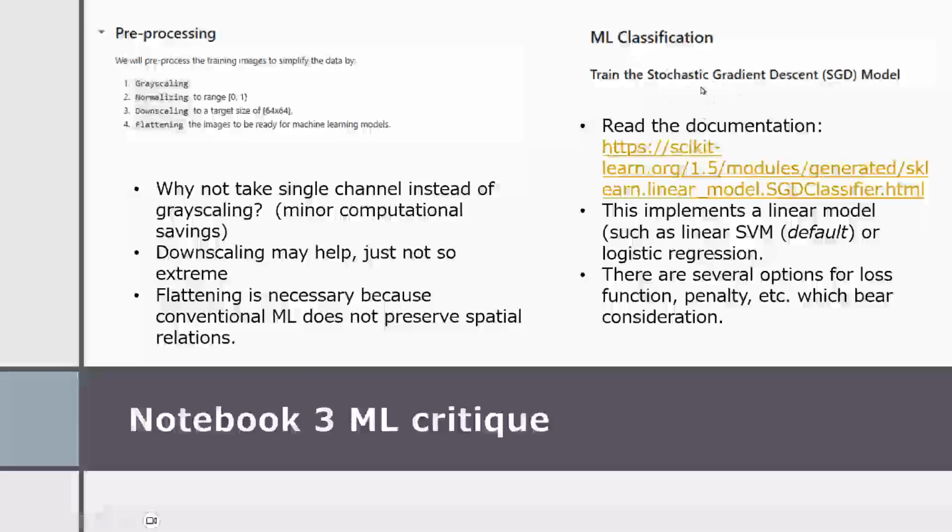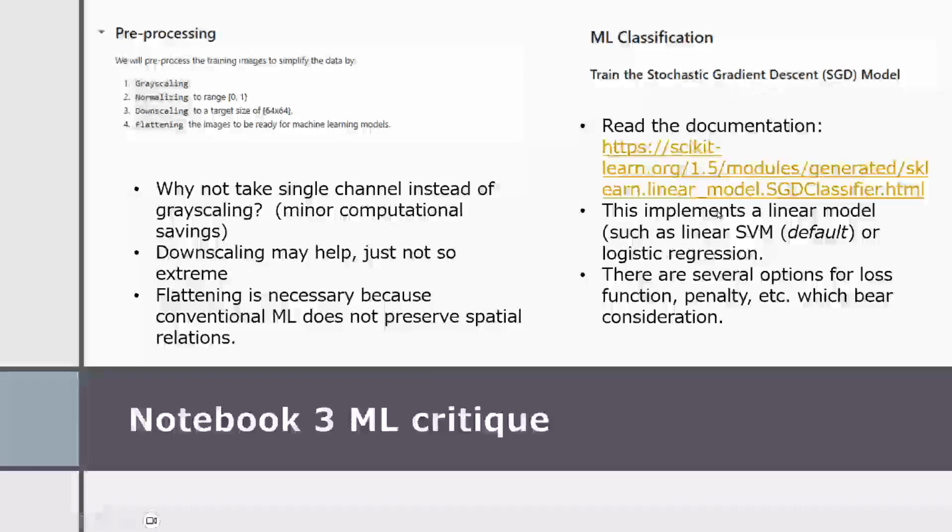Okay. Now, the notebook uses the stochastic gradient descent method. So the question is, what is this method? I actually didn't know what it was, so I had to look it up. So I went to the documentation, and I found out that it's actually not a different method. It's just a different way of training the model. The default stochastic gradient descent model is a support vector machine, the default being linear with a linear kernel. But you can also use stochastic gradient descent to train a logistic regression model.